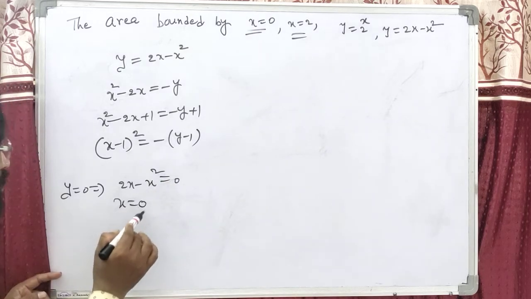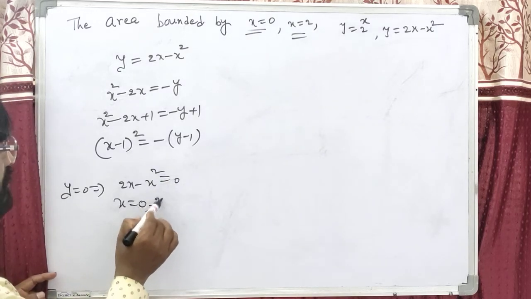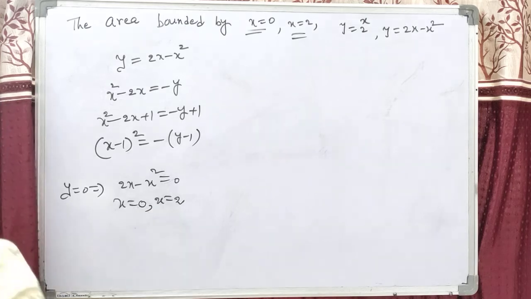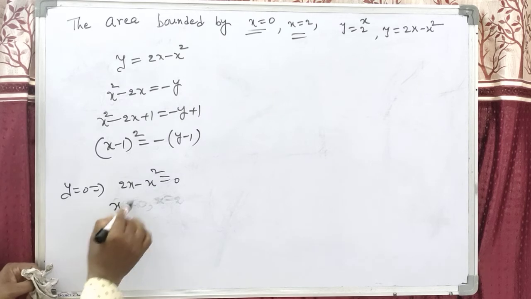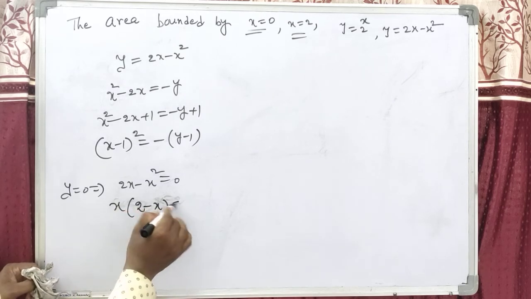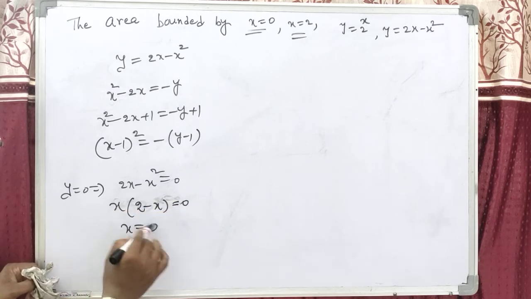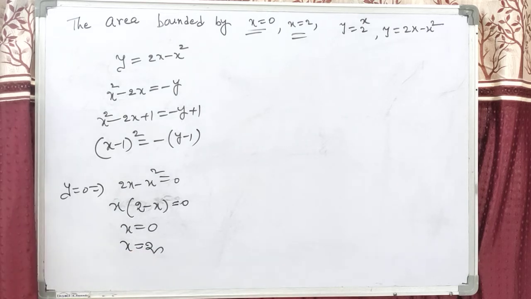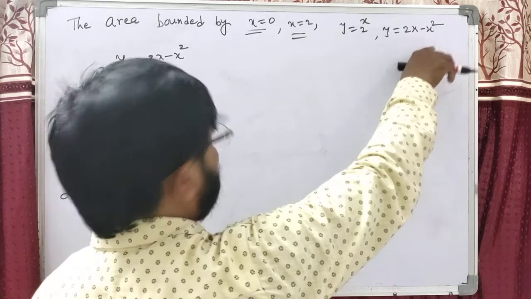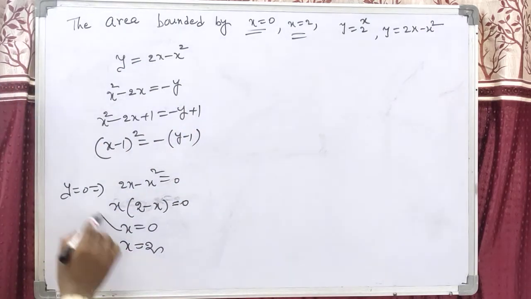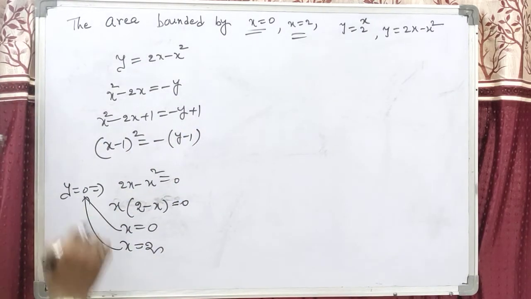Taking the common factor x, here 2 minus x equal to 0, therefore x equal to 0 and x equal to 2. When x equal to 0, y is 0; when x equal to 2, y is 2.